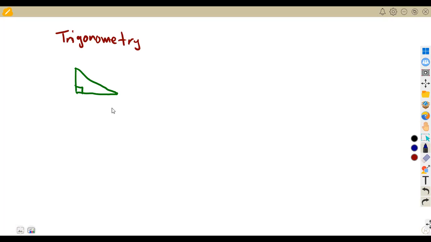But in our mathematics, we have angles that are so special that we are going to be using them in these triangles, or in the presentation of angles.